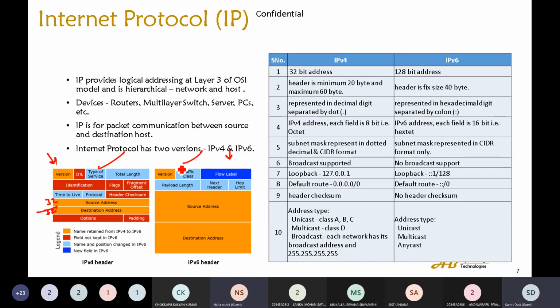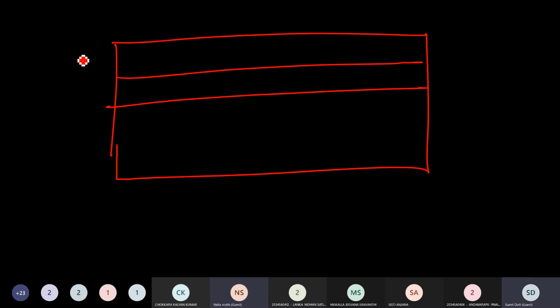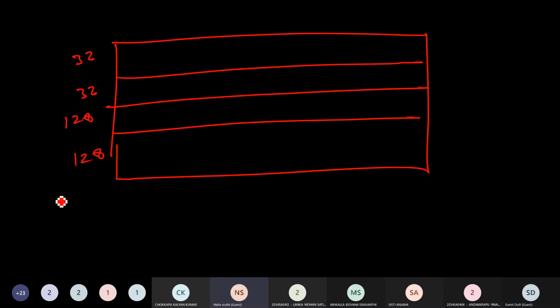Okay. So in IPv6, as I mentioned, it is 128 bit. In IPv6, there are 4 rows. The first 2 rows are 32, 32, the remaining 2 are 128, 128. Right.